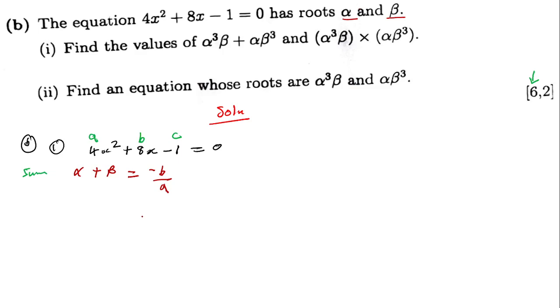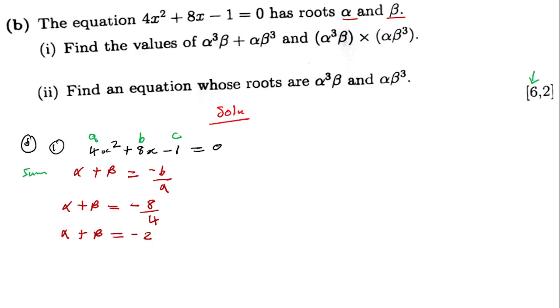Now, after you find that, alpha plus beta is simply equal to, what is your A? Your A is 4 and your B is 8. So it's going to be negative 8 over 4. So alpha plus beta is simply equal to negative 2. That should be your first step.